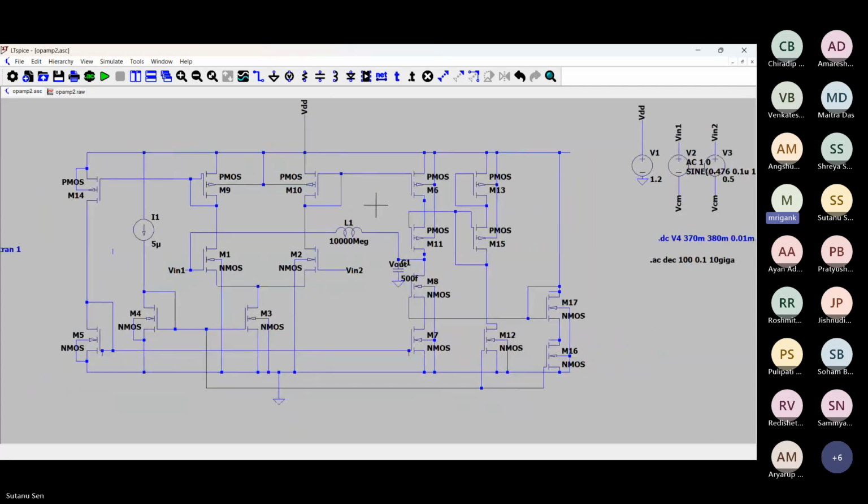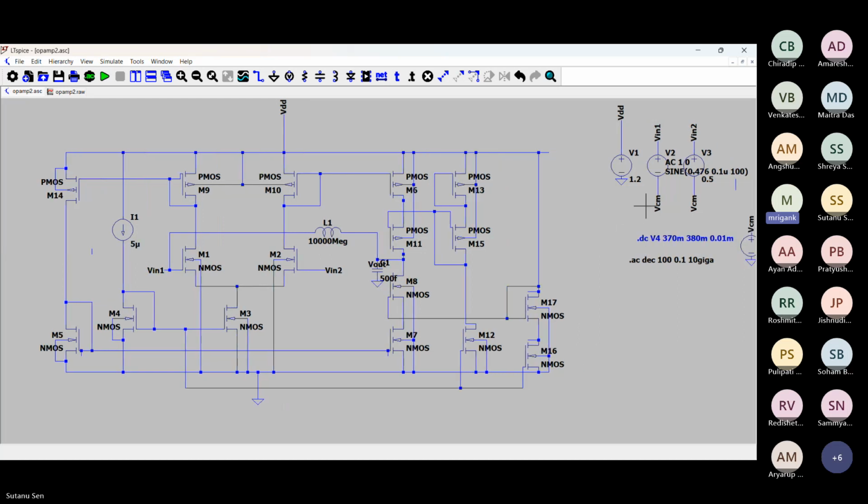As a result, it will work like a voltage follower, but the problem is that you have a DC point also. So from the DC point of view, when you are forcing it, V in 1 DC you will have to remove. So V in 1 DC you will have to disconnect and apply the AC signal at V in 2.